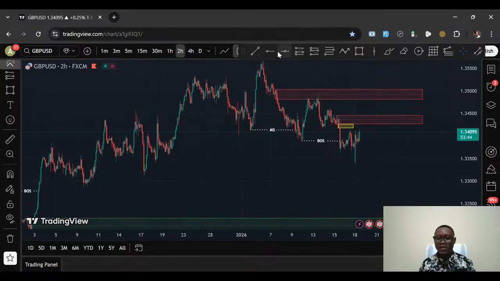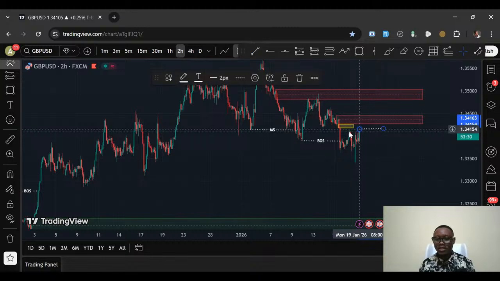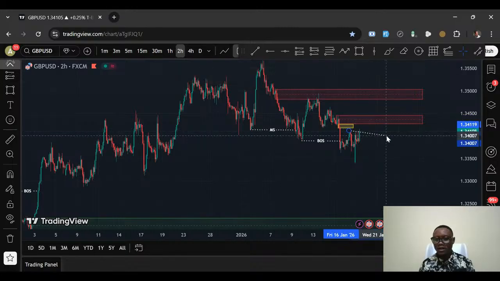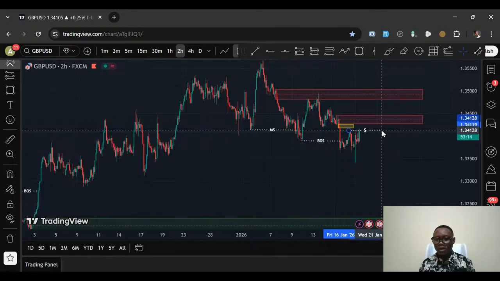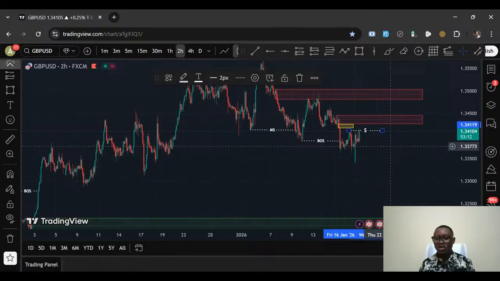But again, this area can be used by smart money as a liquidity area. So we would expect price to sweep available liquidity right here. Please take note, we would expect price to sweep available liquidity above this area, then tap into the order block zone.